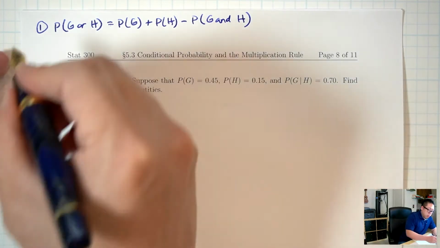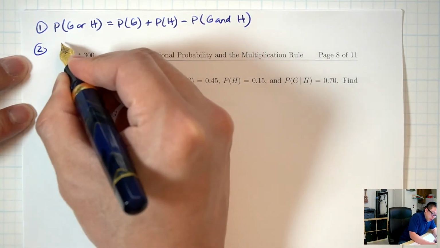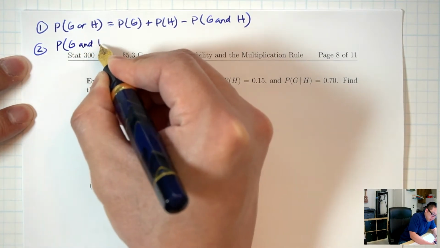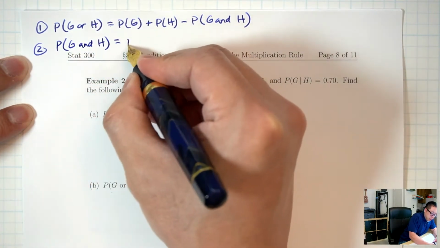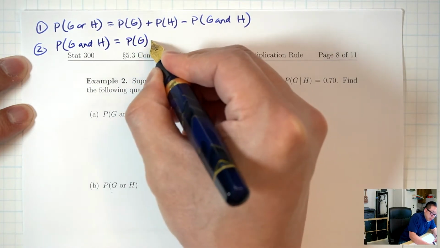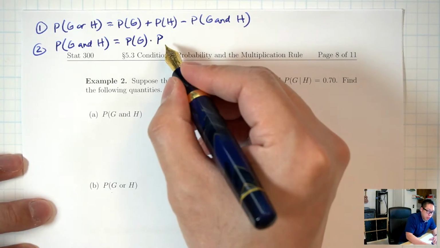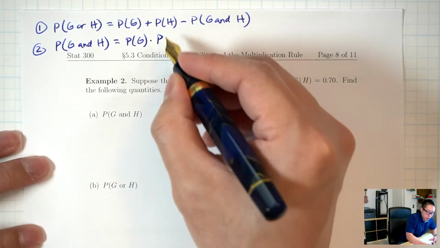The second equation is the multiplication rule, which is the one for ANDs. So it's the probability of G times the probability of, make sure you have the correct order here. Is it G given H or is it H given G?